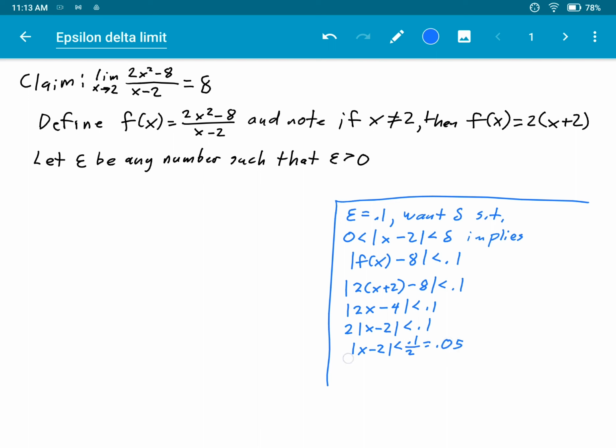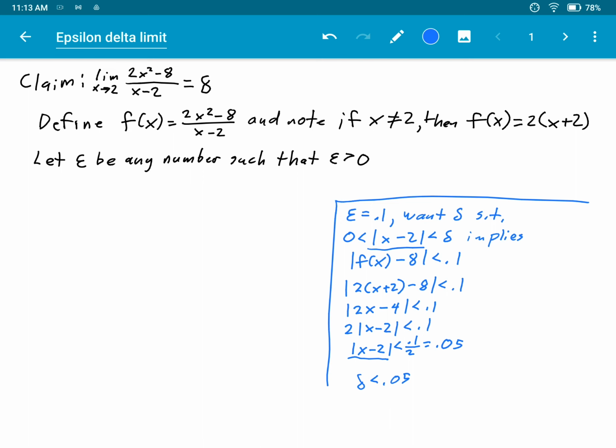Well, this x minus 2 and this x minus 2 are the same thing. So what I'm saying is if delta is less than 0.05, that will work. Because whenever x minus 2 is less than 0.05, then my f of x minus 8 is less than 0.1.